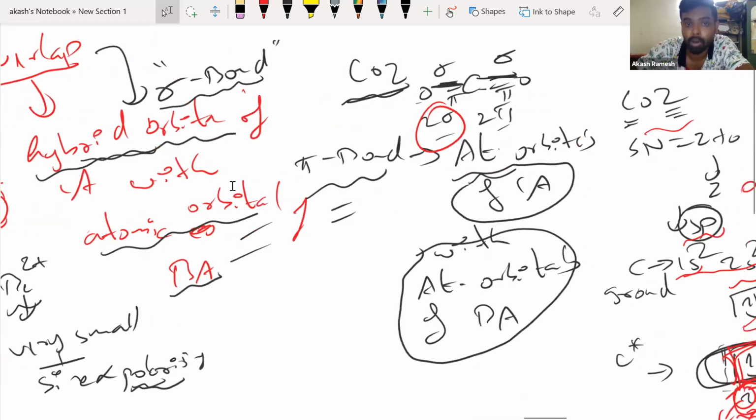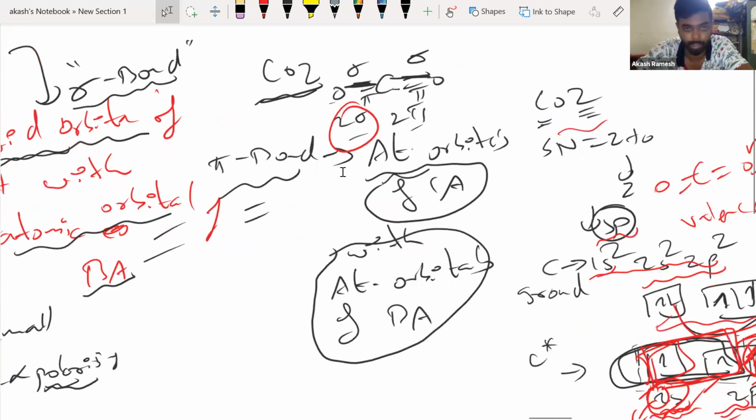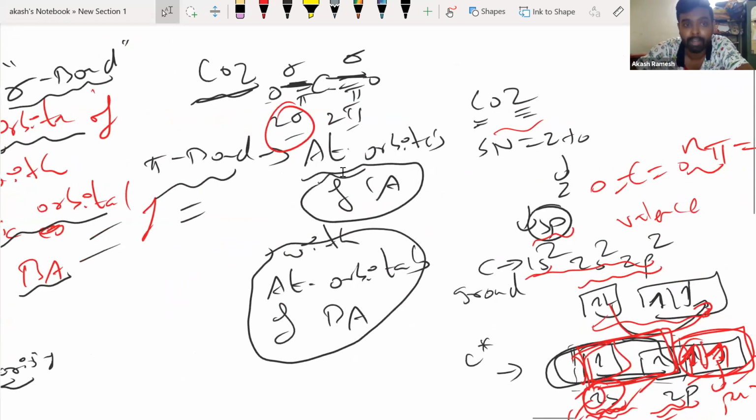And remember, for a pi bond, it is always pure atomic orbitals. The overlap will be between the atomic orbitals of the central atom with the atomic orbitals of the bonding atom. So what you have to remember is, if there is a pi bond, the electron involved in a pi bond should not be inside the hybridized orbitals. It must be there in the pure orbitals for the central atom, I'm telling.